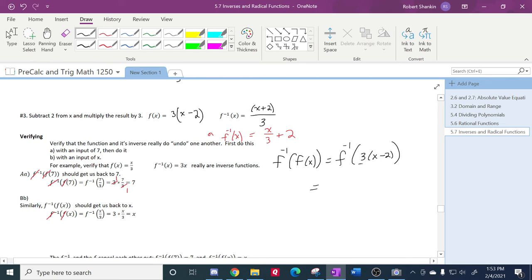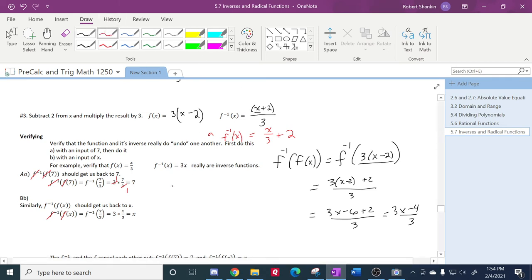All of this goes in for that x right there. And then I'm going to get 3x minus 4 over 3, which is not x. Doesn't seem to work.